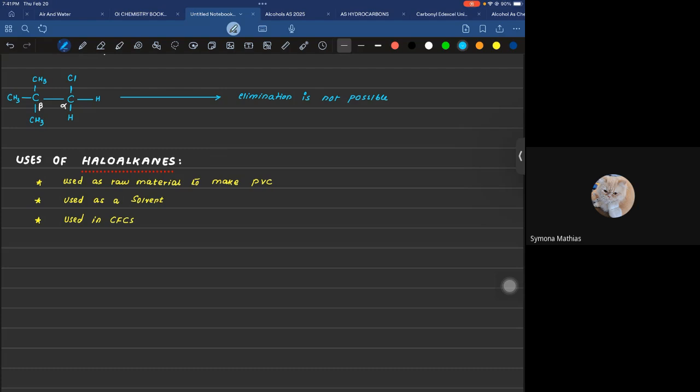CFC जो होती है upper atmosphere में काफी देर तक remain करती है, retain करती है, and ultimately when it is present in the upper atmosphere, the UV light would strike on CFCs. So you will see that there would be homolytic fission, the breaking down of a bond homolytically.